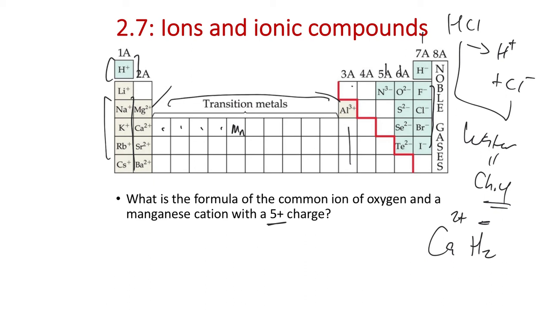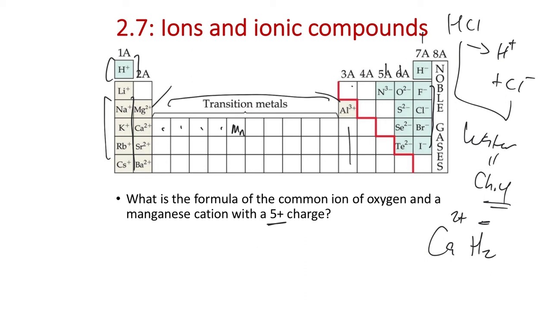Based on where manganese is, if you were following the rule from sodium losing 1 and magnesium losing 2, you might have thought manganese would be most happy with a +7 charge. I do think manganese can form some compounds with a +7 charge, but it'll also form some compounds with a +5, and some with a +2 charge. It really depends on a lot of properties of manganese that aren't so easy to tell just from the periodic table placement. So we're not going to predict most transition metal charges.